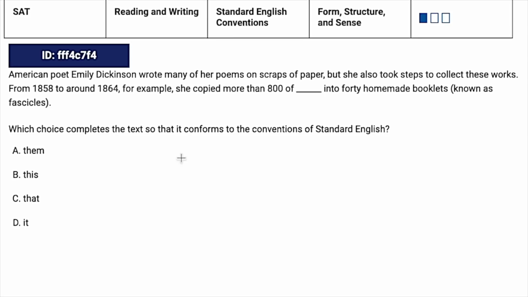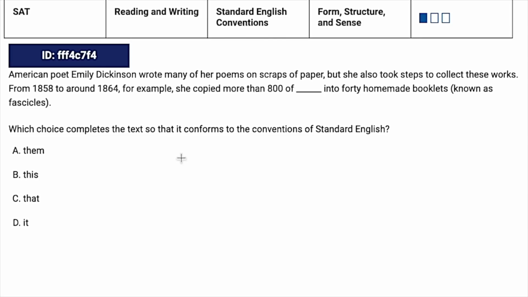And for context, I usually like to read the whole thing. So we get: American poet Emily Dickinson wrote many of her poems on scraps of paper, but she also took steps to collect these works. From 1858 to 1864, for example, she copied more than 800 of blank into 40 handmade booklets.